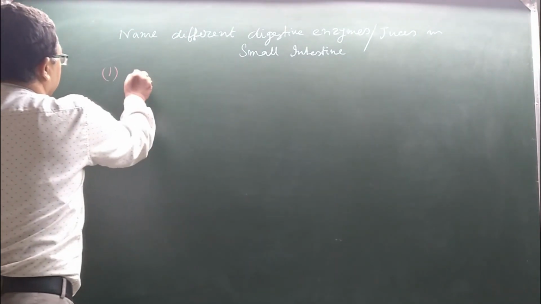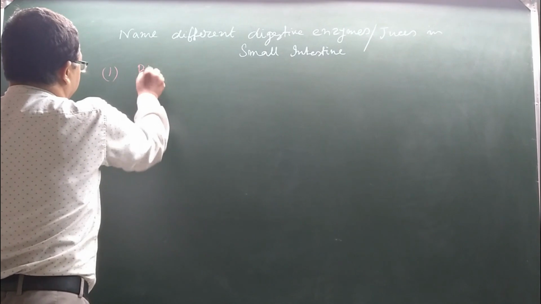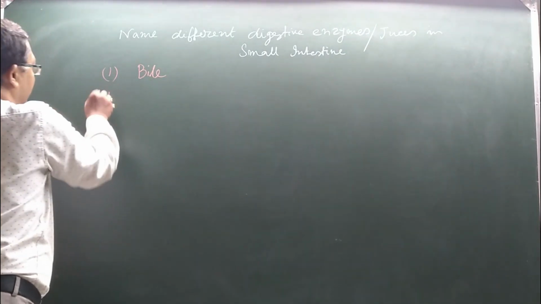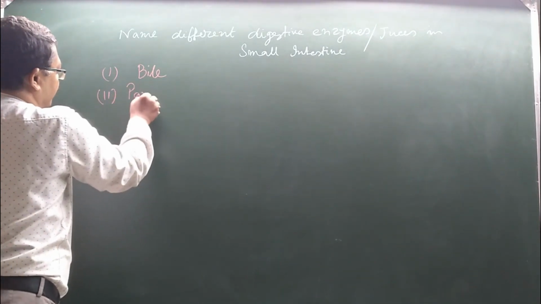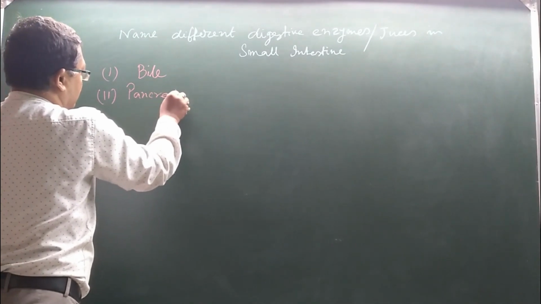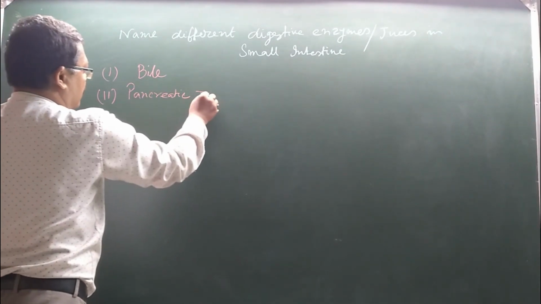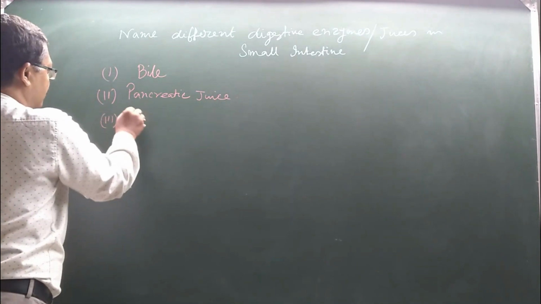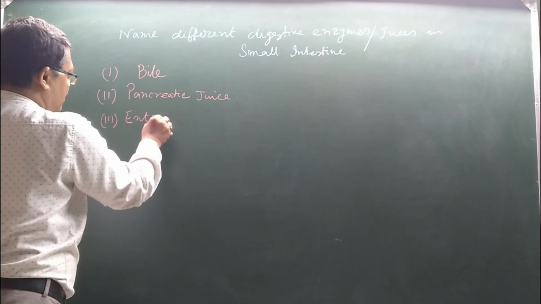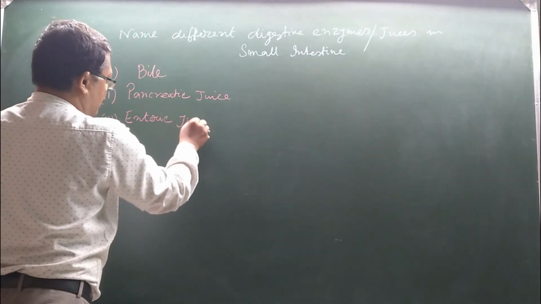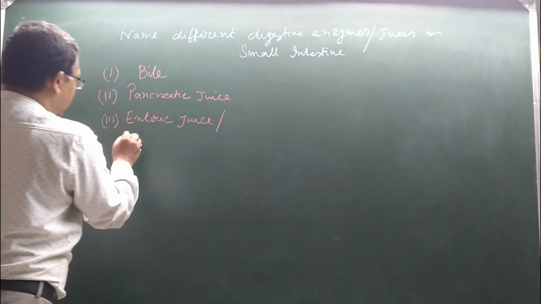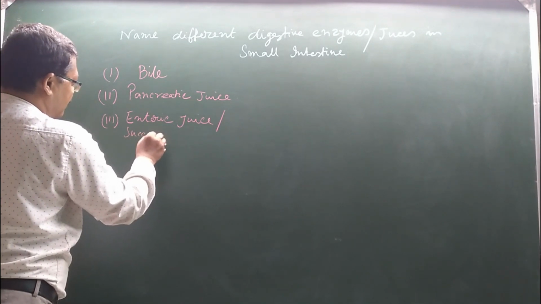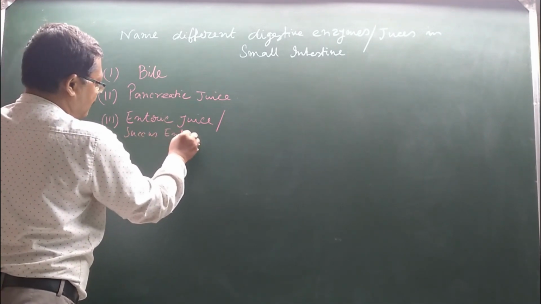First is the bile. Second is the pancreatic juice. Third is the enteric juice, or this is called succus entericus.